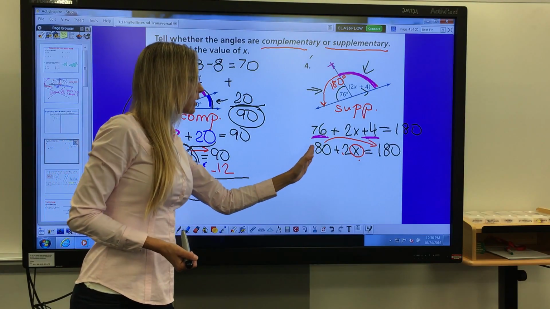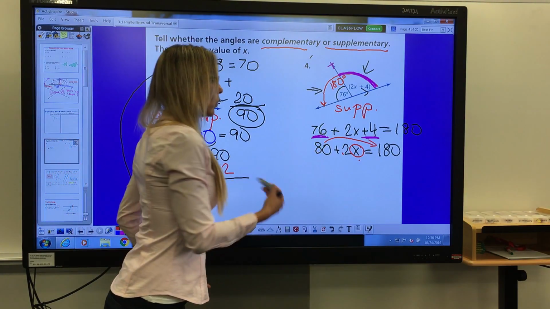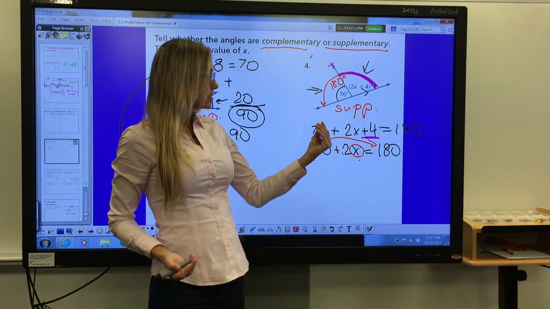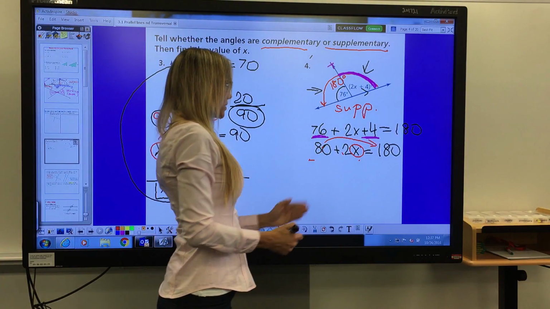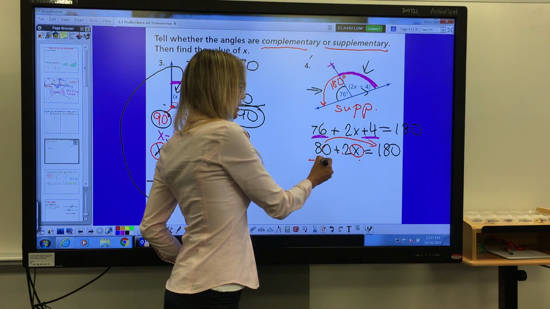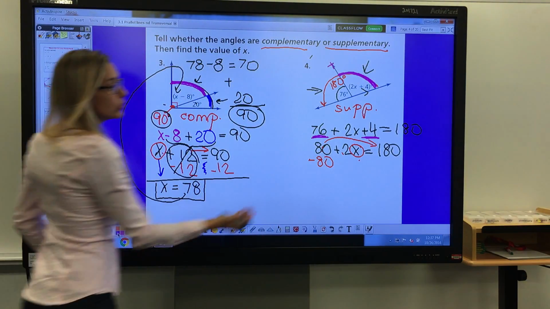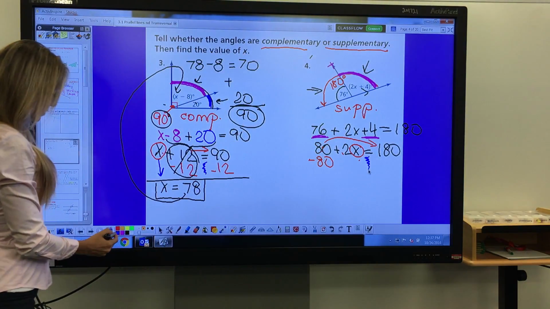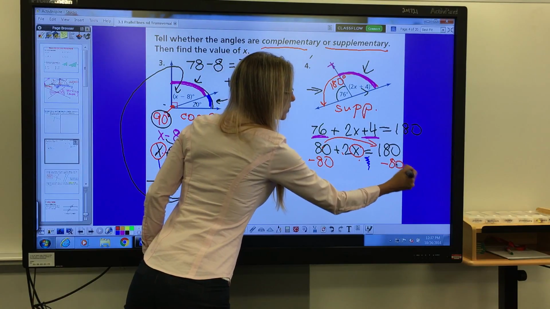So it's going to become negative 80 because 80 minus 80 will give me 0. Or you can look at it this way. If I'm switching sides, I have to switch the sign. 80 is positive, the opposite of positive 80 is negative 80, right? And we've talked about it. What I do on one side of the equal sign, I have to do to the other side of the equal sign. So subtract 80 from both sides.